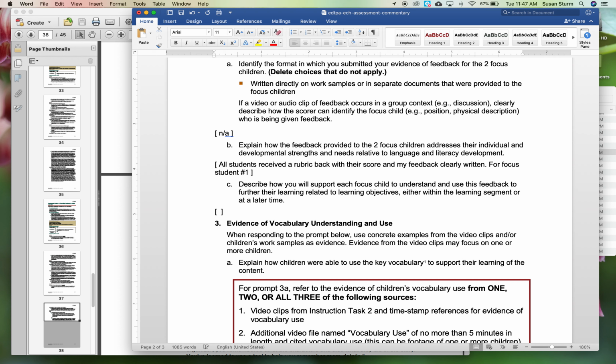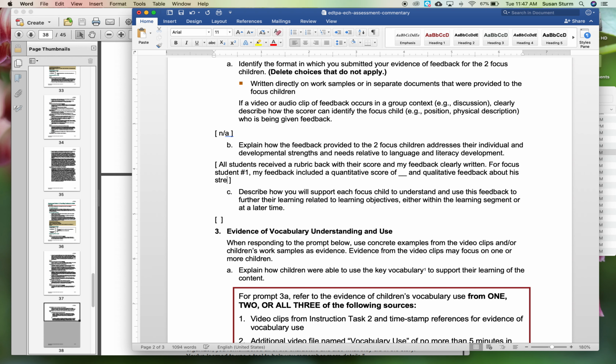For focus student 1, my feedback included a quantitative score of blank and qualitative feedback about his strengths and needs.